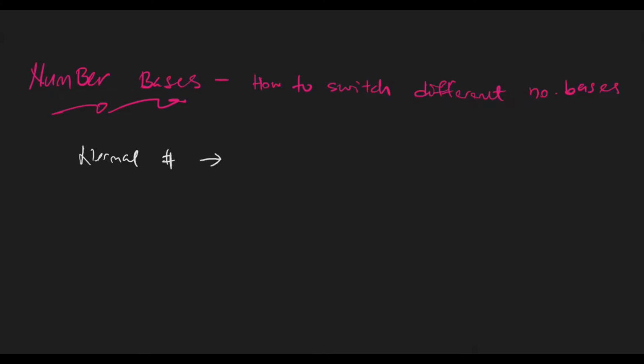The normal numbers that we are actually seeing are in this base called decimals, also widely known as base 10. So you're going to be writing them as 0.589 base 10. But because decimals or base 10 is a very common base, when we write numbers, we don't usually write the base.